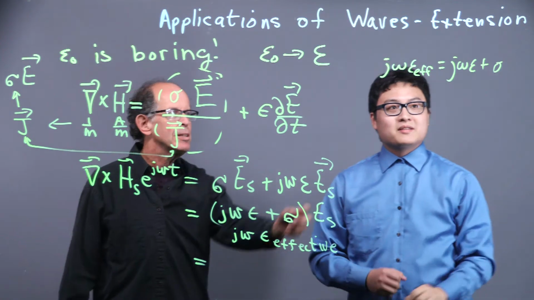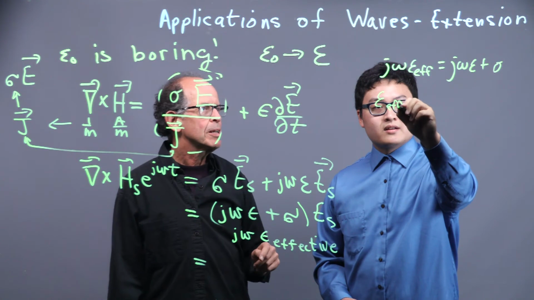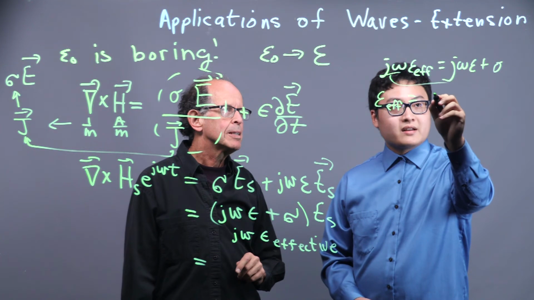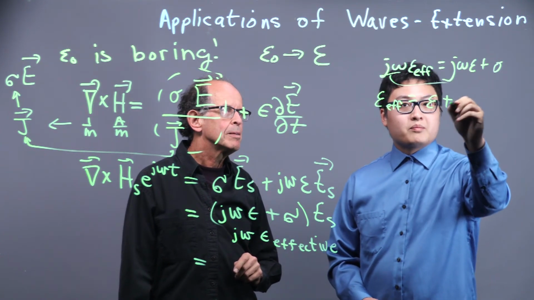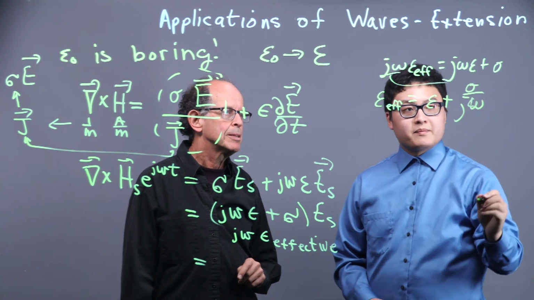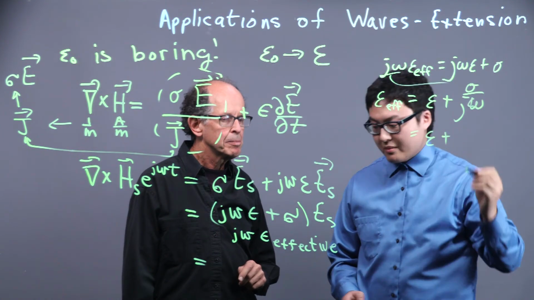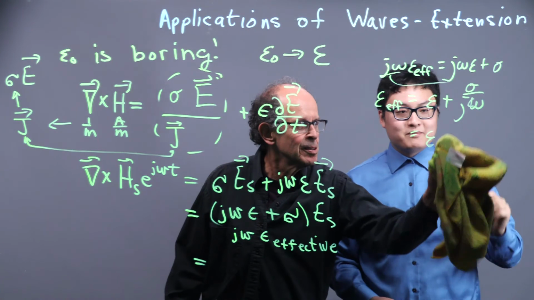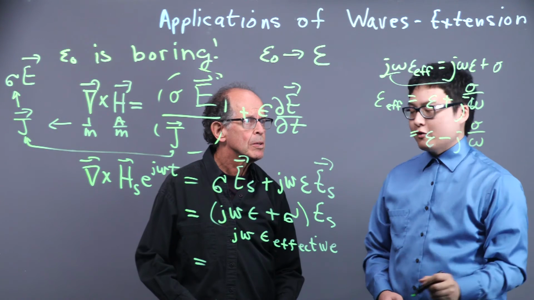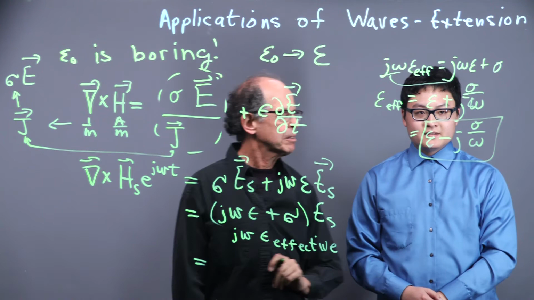Equals, so epsilon effective, you dump this over and get epsilon plus sigma over j omega. Then you move j up, and you would get epsilon minus j sigma over omega. So there we have our epsilon effective.